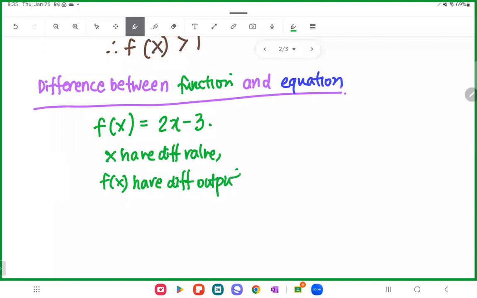Now I show you an equation. Whereas for an equation, if I have 2x minus 3 equals 4x, I can solve this.